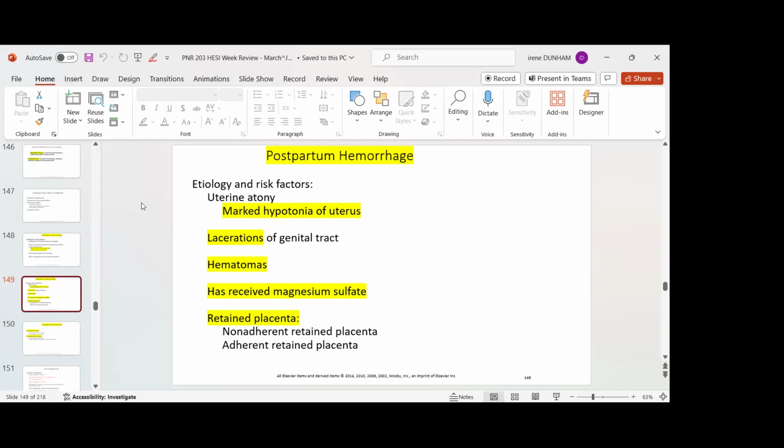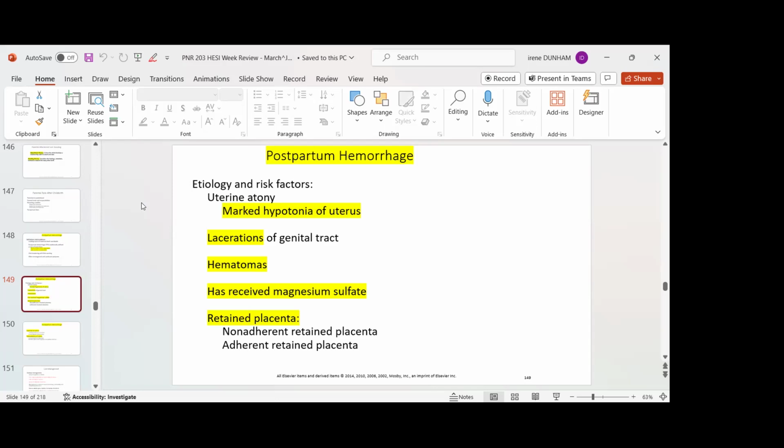It keeps coming, it's continuous. That would be a laceration. Now, you might have a hematoma in the vulva area, because you had forceps or vacuum, or a big macrosomic baby. Those can cause hematomas, which is a collection of blood in the vulva area, which causes unrelenting pain.